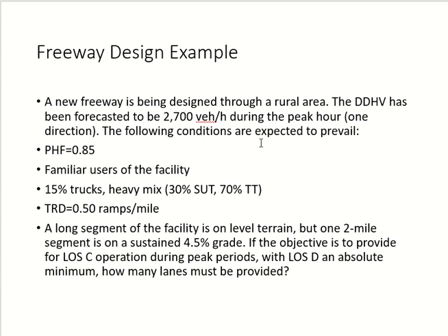Then we have a design example now for a freeway which is in a rural area. The forecasted volume is 2,700. Peak hour factor is given.